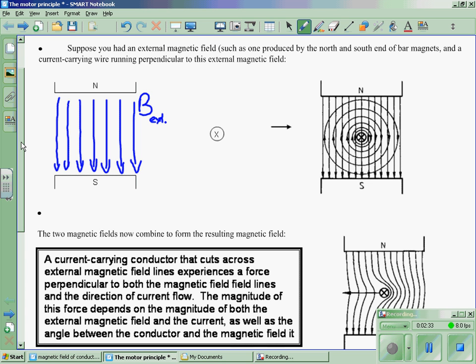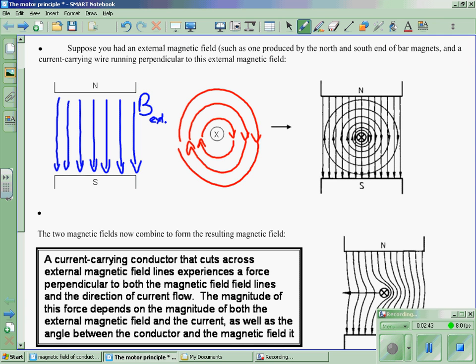Well, if I had to draw that clockwise magnetic field, it may look something like this. Okay, I'll just draw several of these. I'm not going to draw too many. I don't want the diagram to get too complicated. Okay? So those are the magnetic field lines that exist around that straight conductor. Now again, because this is a magnetic field, I will denote this with a capital B that tells me that it is a magnetic field.